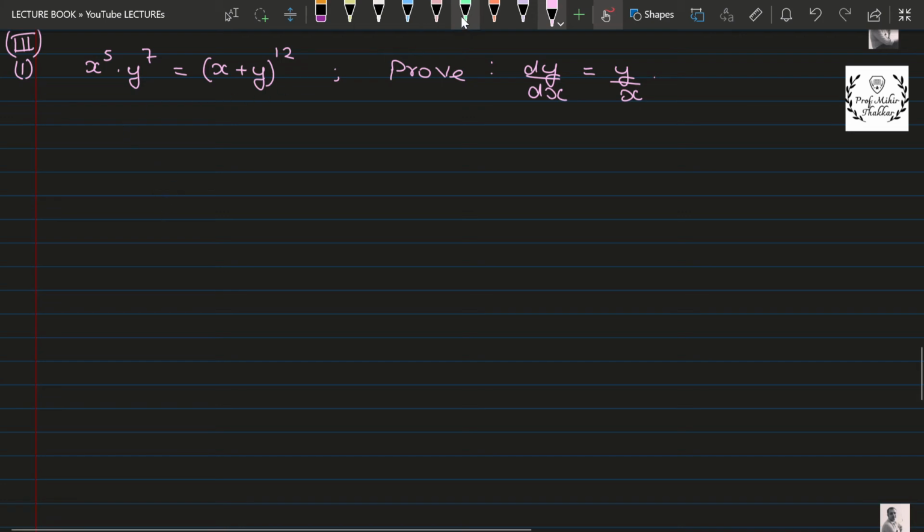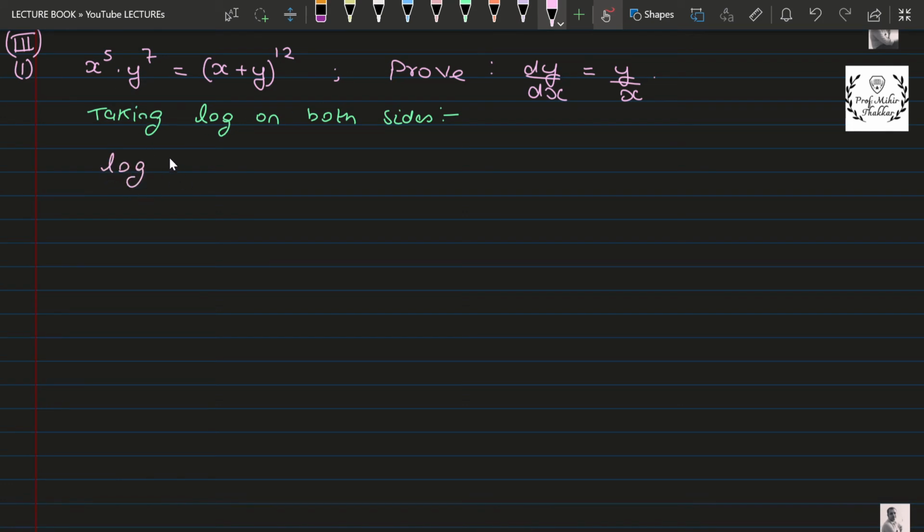So if I say taking log on both the sides, I get log of x raised to 5 into y raised to 7 is equal to log of x plus y to the power 12.